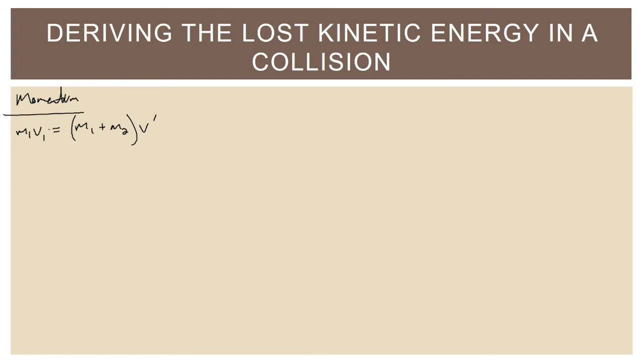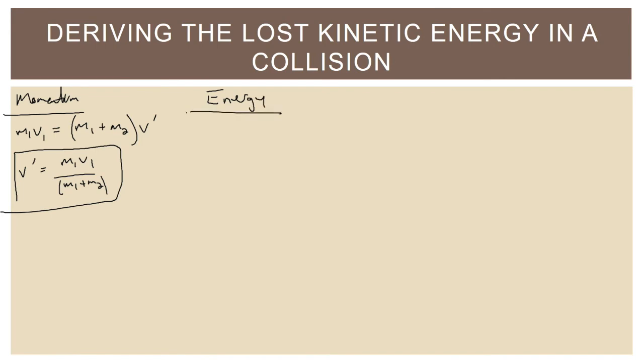Notice I've already gotten rid of the m2 v2 term because we started that object at rest. And so what the conservation of momentum equation tells us is that v prime, which we measured in this experiment, but can also solve for algebraically, is m1 v1 over the sum of the masses. We're going to need that later. Okay. Now, conservation of kinetic energy is not a requirement here.